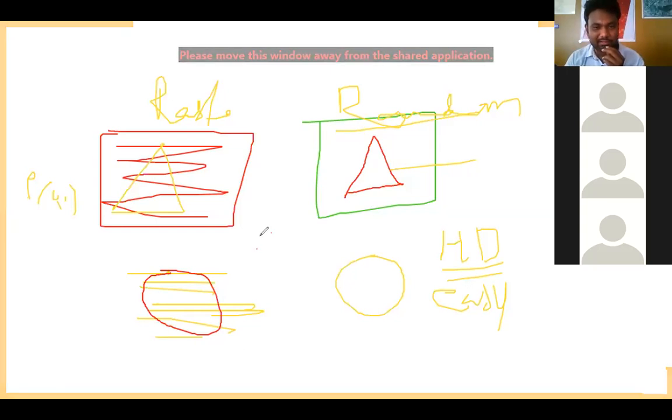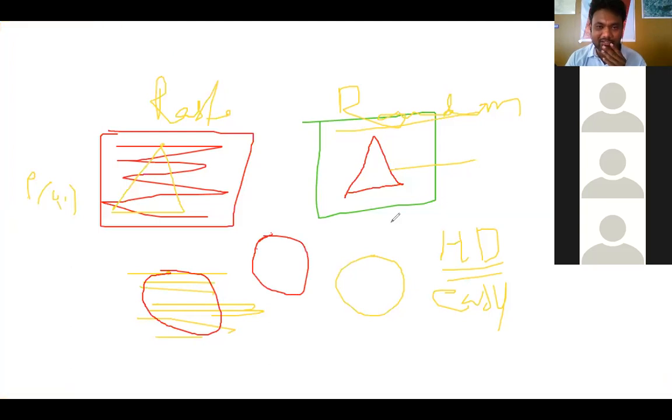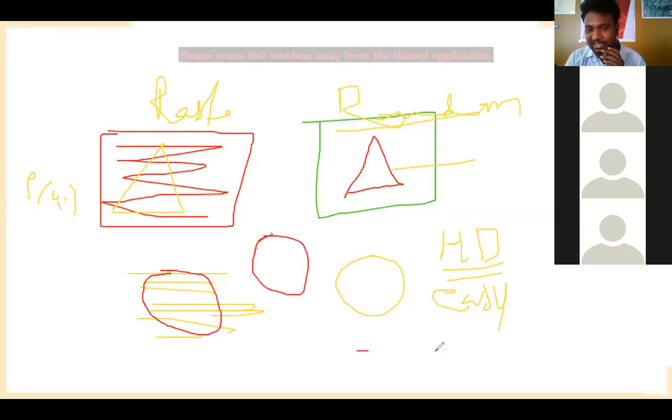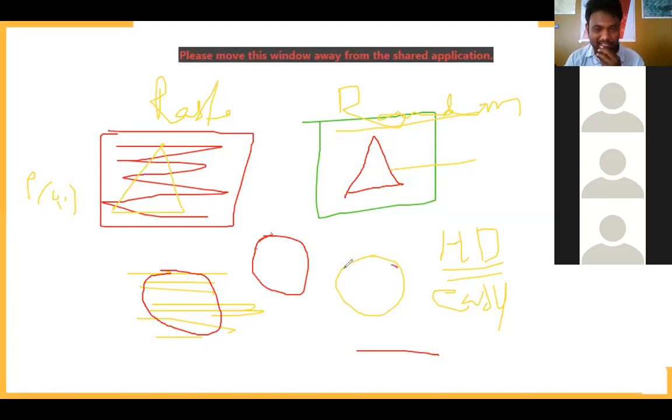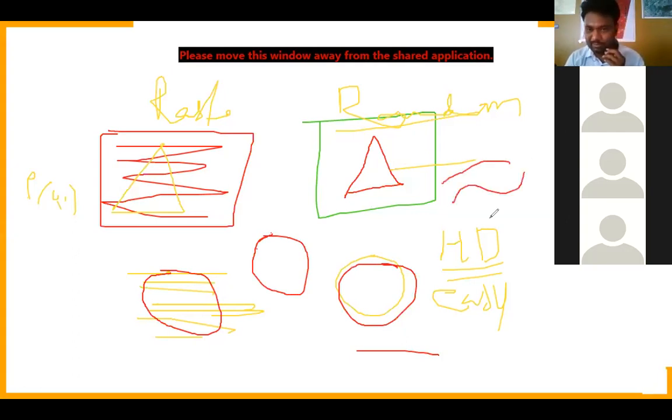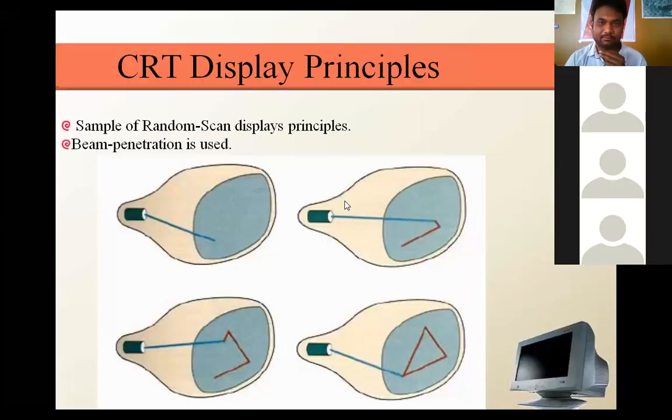But in the random scan display, it will only generate straight lines. It is not going to generate any smooth curves. Some parabolic shape or curved lines are not going to be generated in the random scan display. Okay, so this is the main difference between these two display principles.